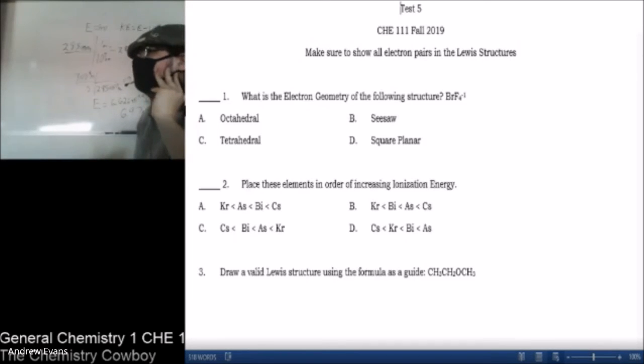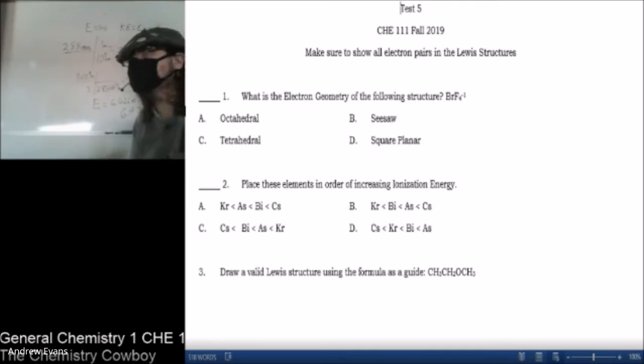Now, when you're comparing bismuth to arsenic, arsenic is higher up on the table. So arsenic would have a higher ionization energy than bismuth. So the correct answer would be cesium, bismuth, arsenic, krypton, for the increasing ionization energy.